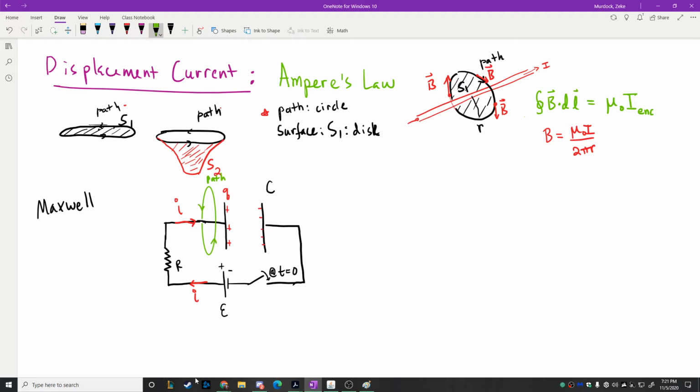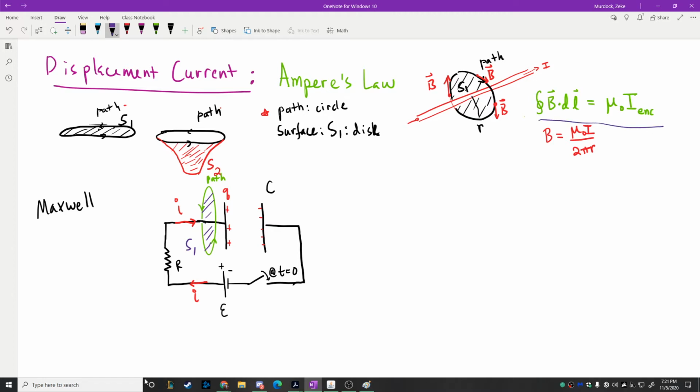Now, let's apply what we said about the two different surfaces to this system right here. First of all, I could draw what we call maybe the easiest or the simplest surface to draw, which would be like a disk. And we'll call that surface S1. And we could go about using Ampere's law.